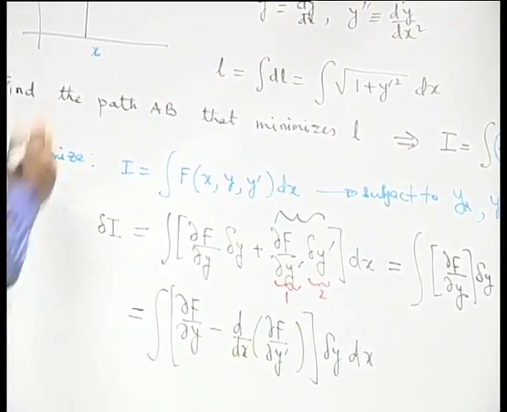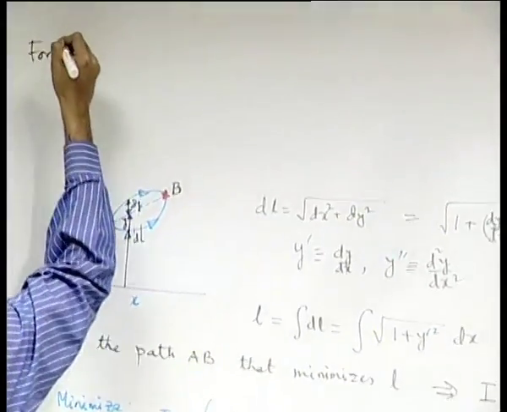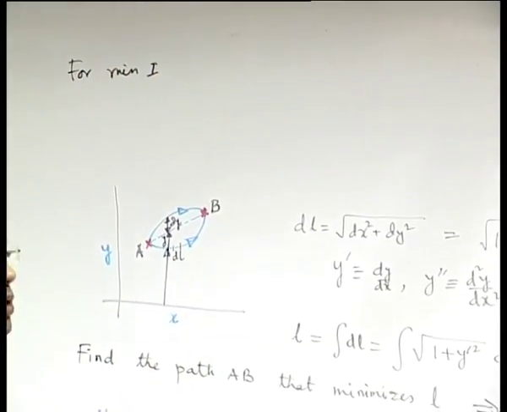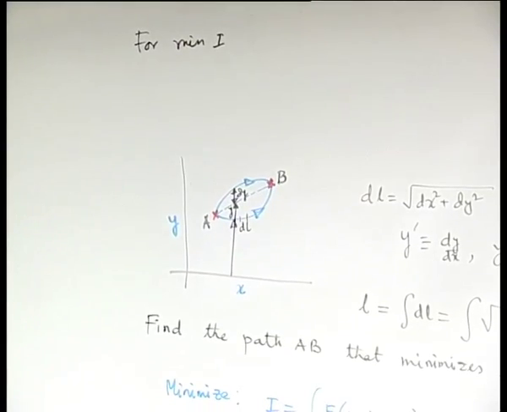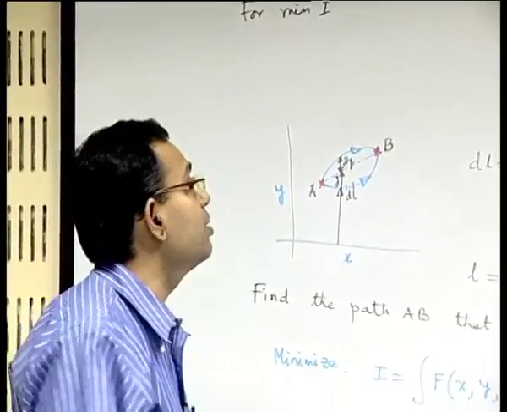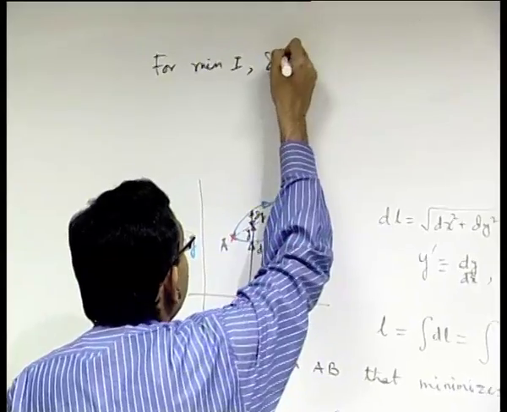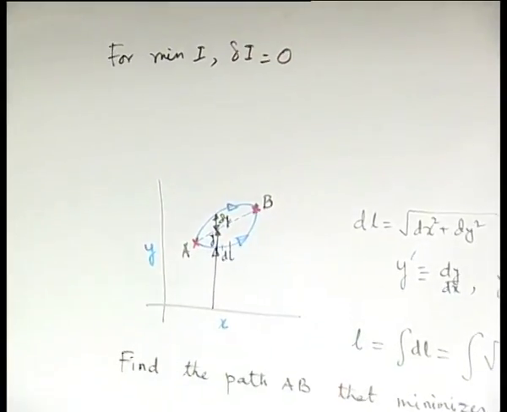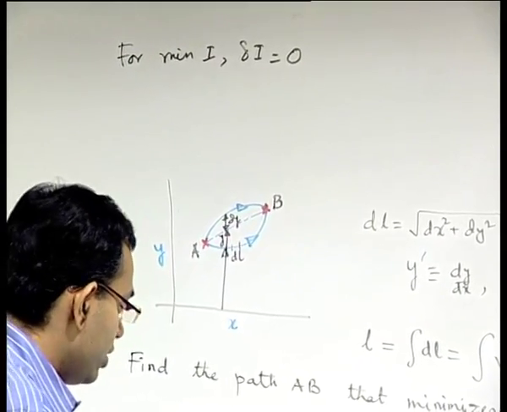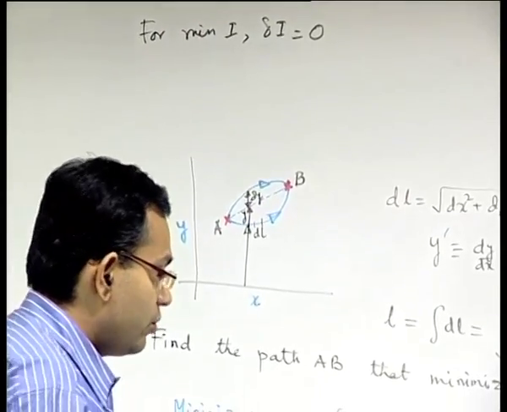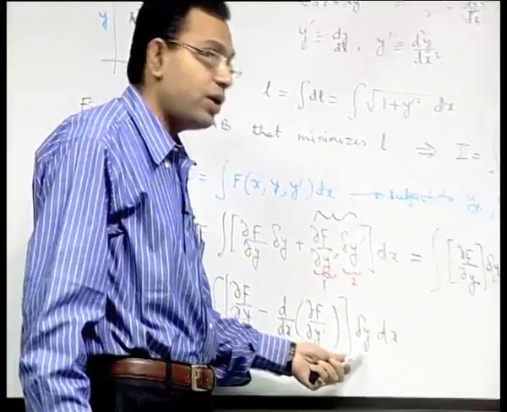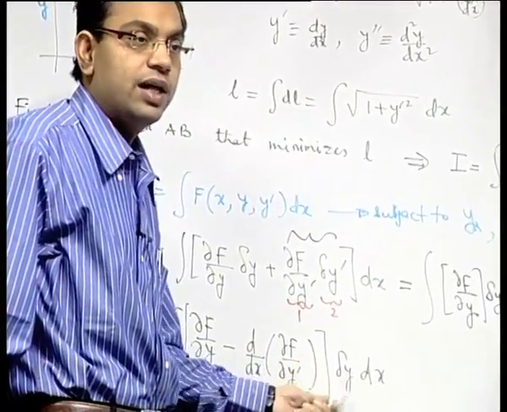and for minimum I, it could also be for maximum I, whatever. We generally can say that for extremization of I, it could be either maximization or minimization, you must have delta I equal to 0. Now delta I equal to 0 has to be true for any arbitrary delta y.